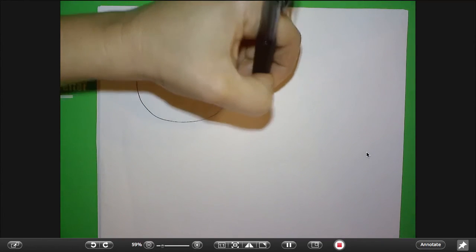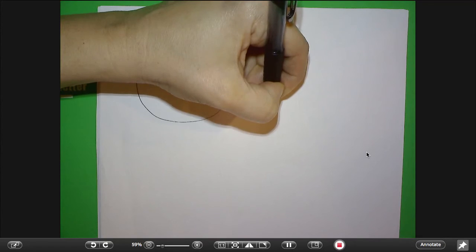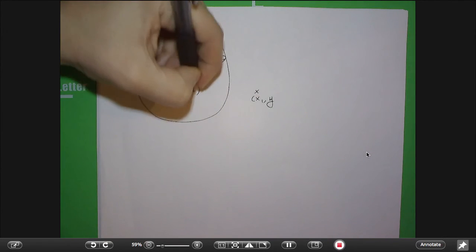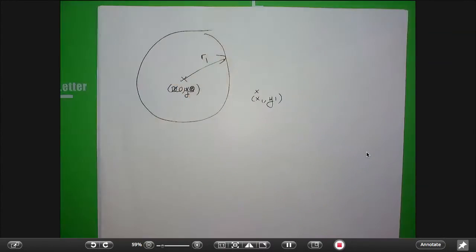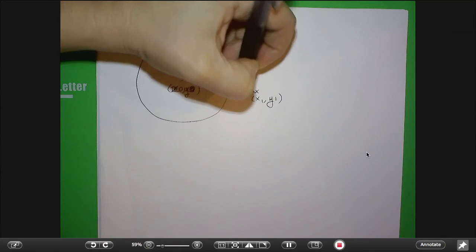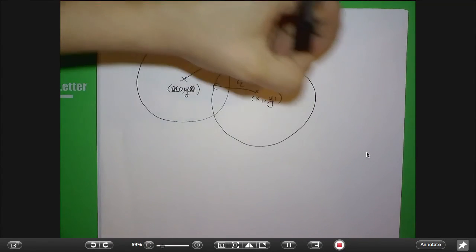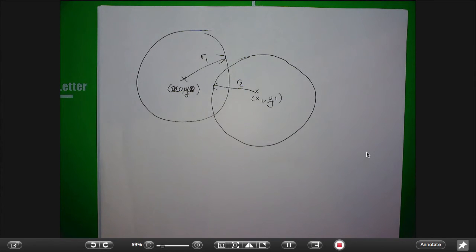And circle 2 is at x1, y1 with R2. I want to figure out if these circles intersect or not.